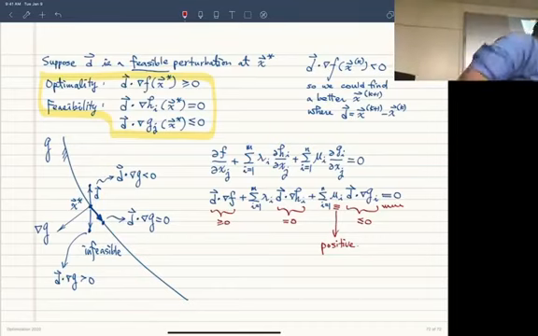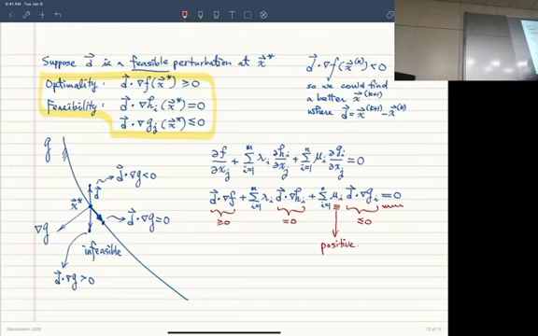Okay, so lambda could be anything because this is zero, and this is already positive. And when you sum everything together, this is negative.